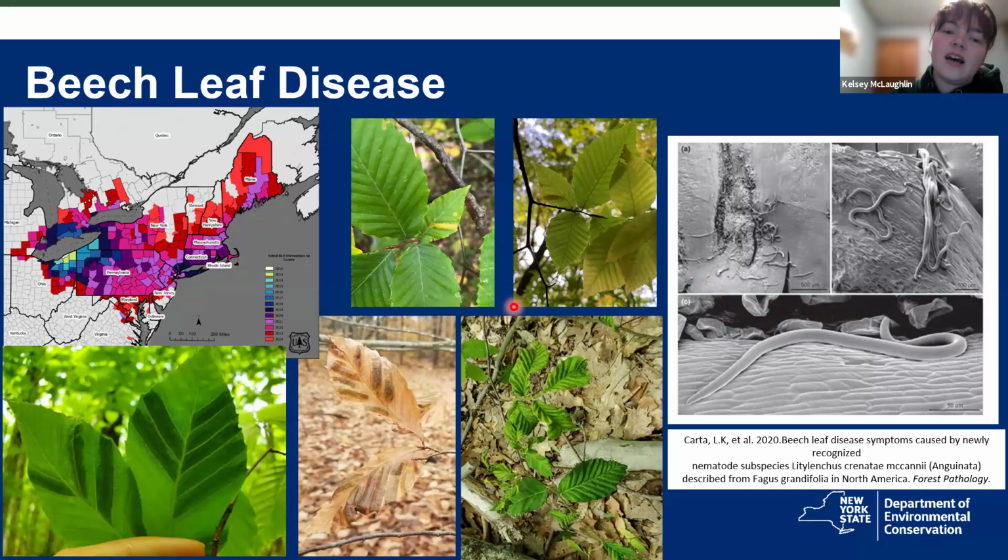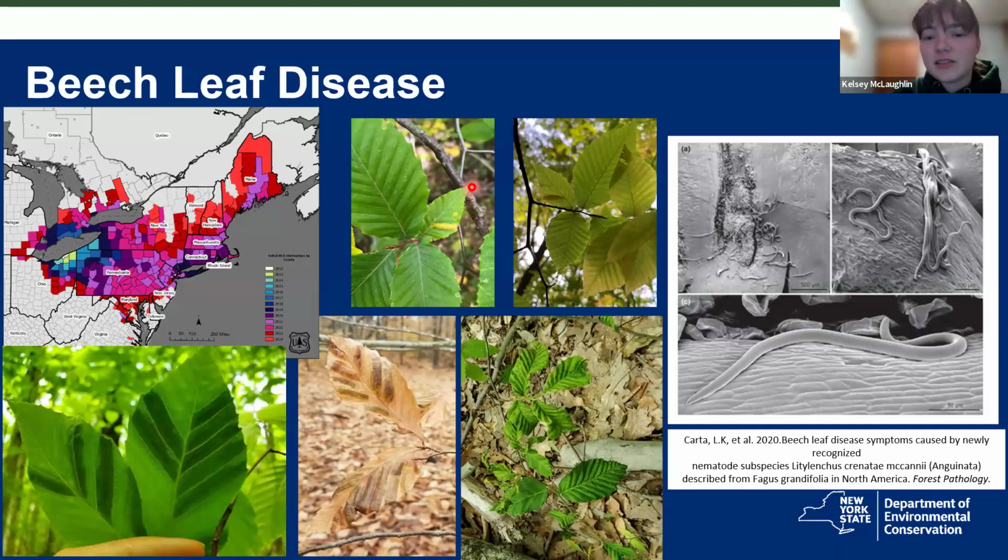And as we were walking out, I just happened to glance at this one gall on this one tiny beech leaf, and I was like, oh my gosh, that's beech leaf disease. And we checked all the beech around there. We must have spent an hour looking for any other sign, because I was joking that the diagnostician at Cornell was going to hate me if I sent her this one tiny leaf and asked her to confirm beech leaf disease for me.